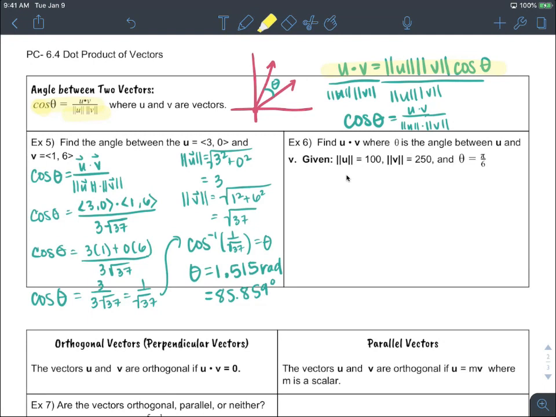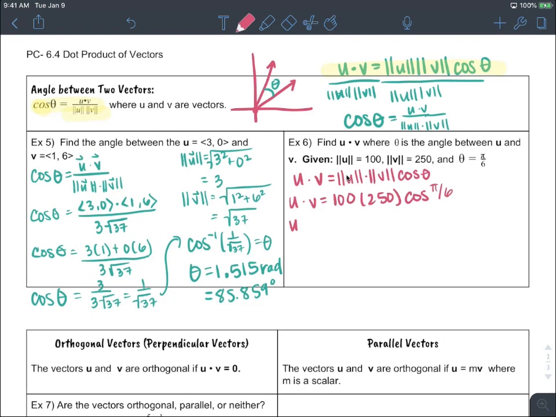Because they are the same, just rearranged differently. So u dot v is equal to the magnitude of u times the magnitude of v times the cosine of the angle between. U dot v is equal to 100 times 250 times the cosine of pi over 6.